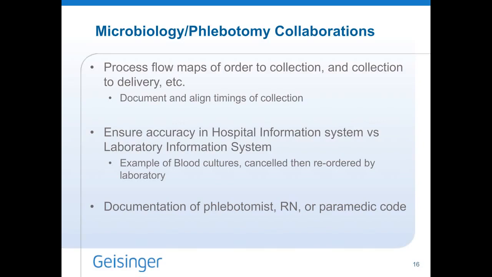Our 90th percentile for collection once the sepsis trigger is in place ranges from 1 to 3.6 minutes. So it's a very finely tuned system, and it's because of us uncovering these things that we can reliably say that our numbers match when the audits occur. It's also important to document whether it's a phlebotomist draw, a nurse draw, or even some places are using paramedics.